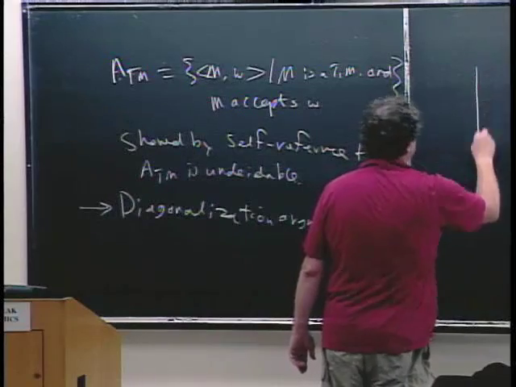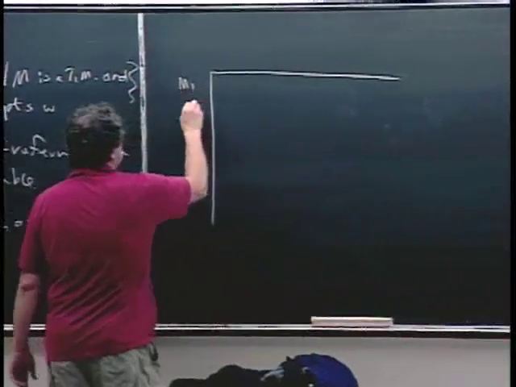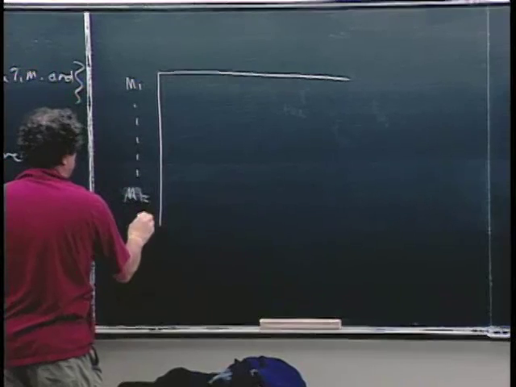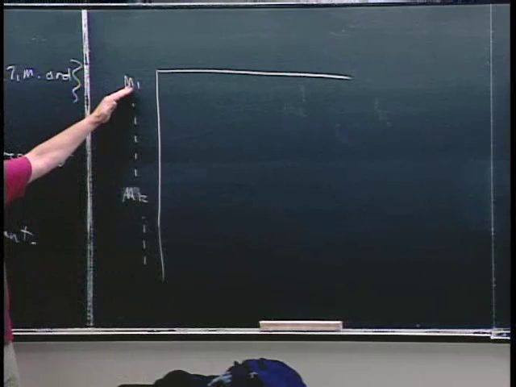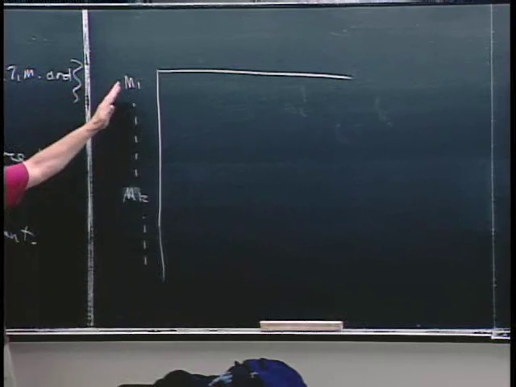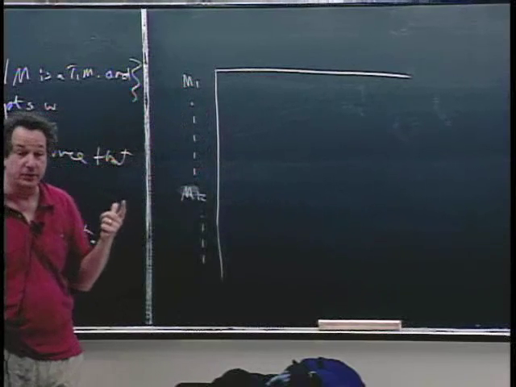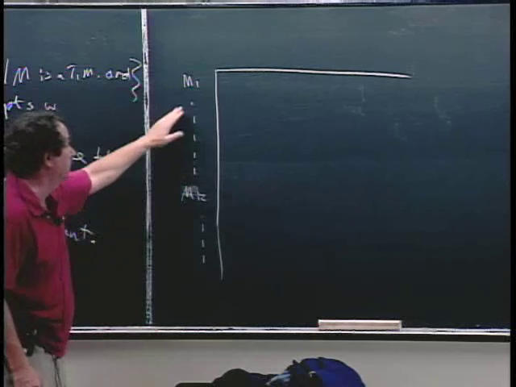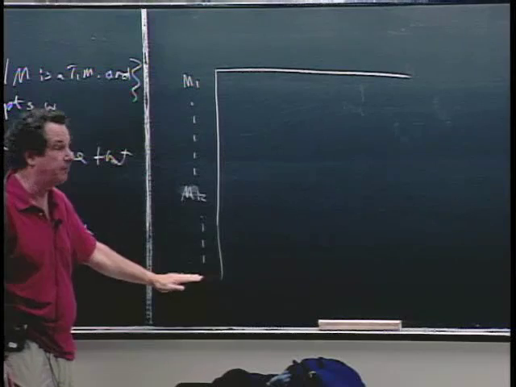Well, first of all, we want to enumerate all the Turing machines, MK. Of course, there's an infinite number of them, but we've discussed before that there's an enumeration of them. They're countable. The description of a Turing machine is just a string over some alphabet, and we can enumerate strings over that alphabet, so therefore we can enumerate the Turing machines.